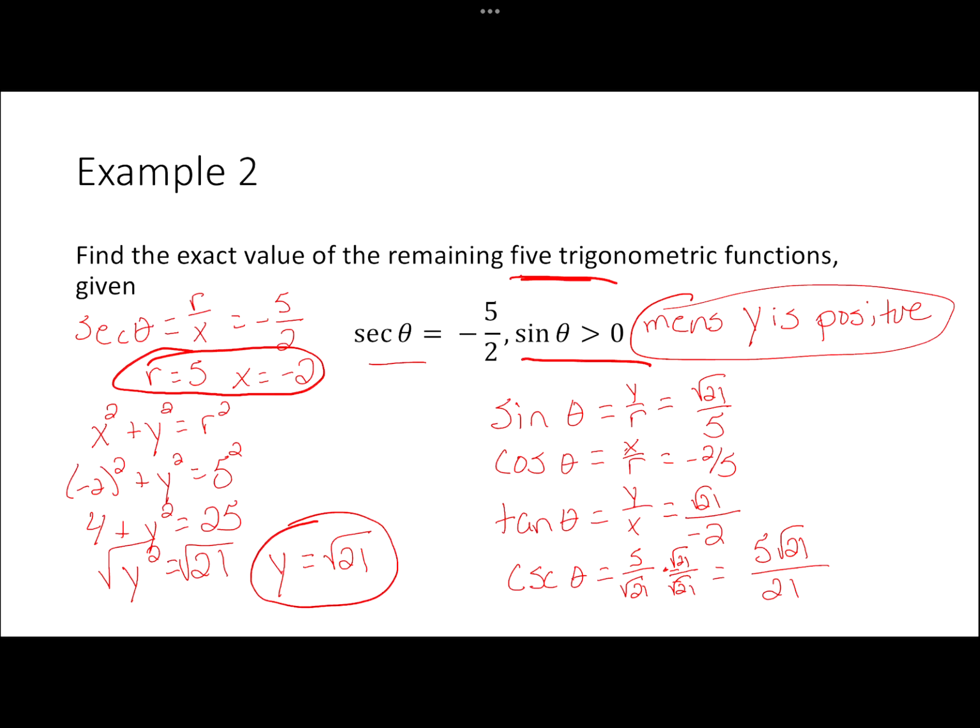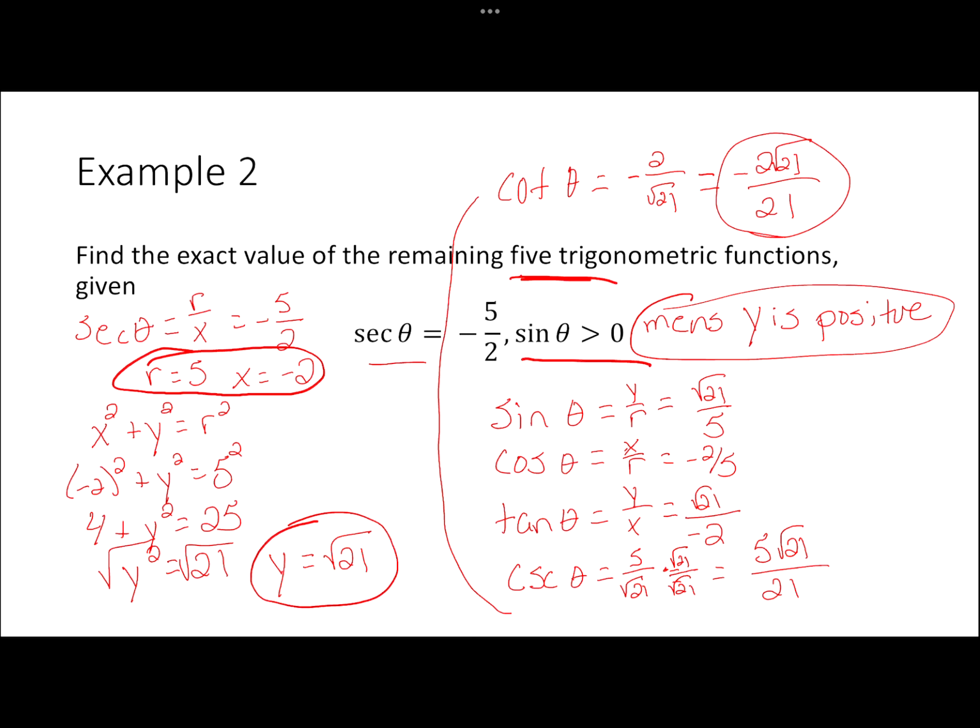Our last one we have is cotangent. I'm going to move up here so that everybody can see it. So cotangent of theta, remember, is the reciprocal of tangent, so it's going to be negative 2 over radical 21. Again, I can't have that radical on the bottom, so it's going to be negative 2 rad 21 all over 21 when we get rid of our radical.